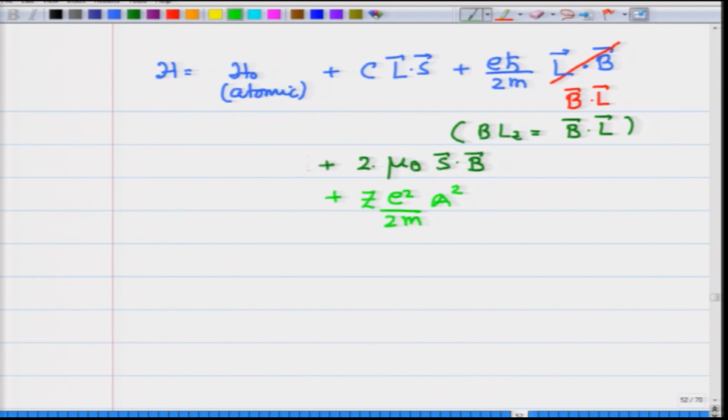So, I am going to write a Z out here. Z is the number of electrons in the system.